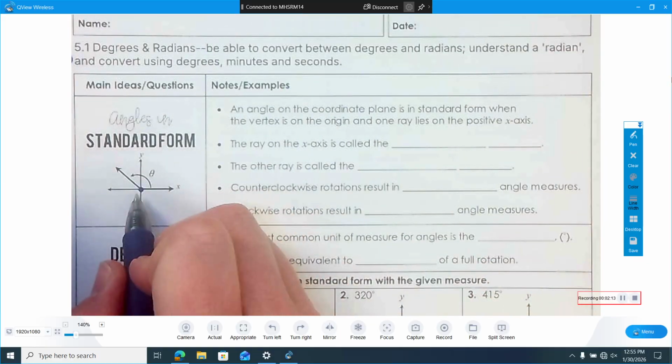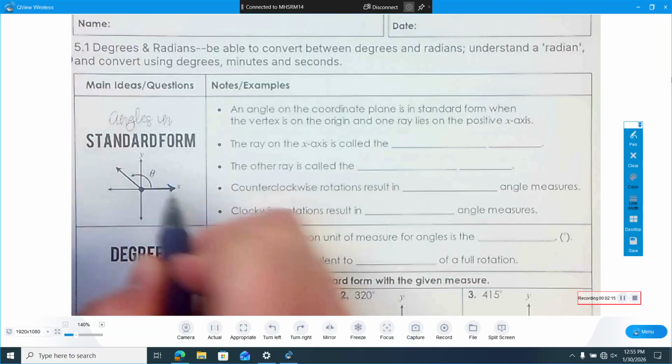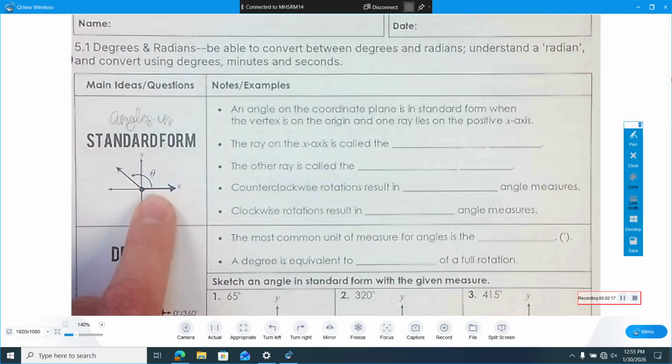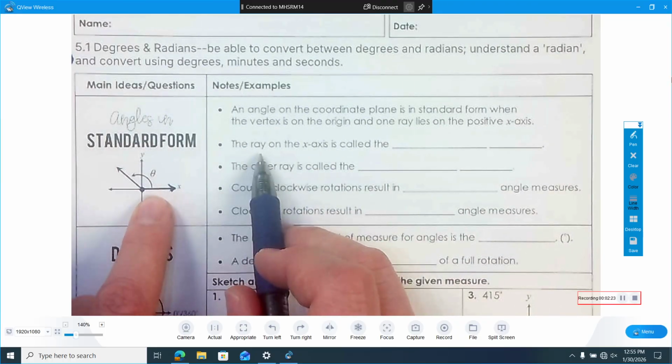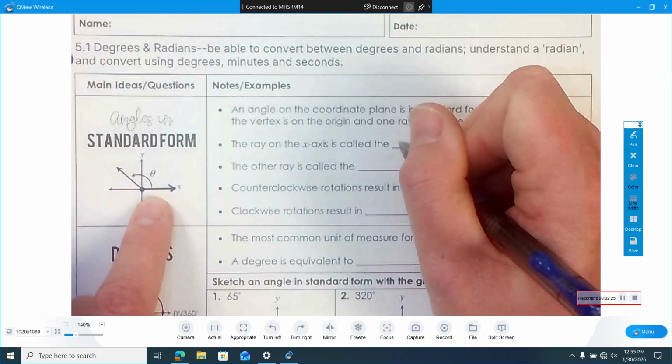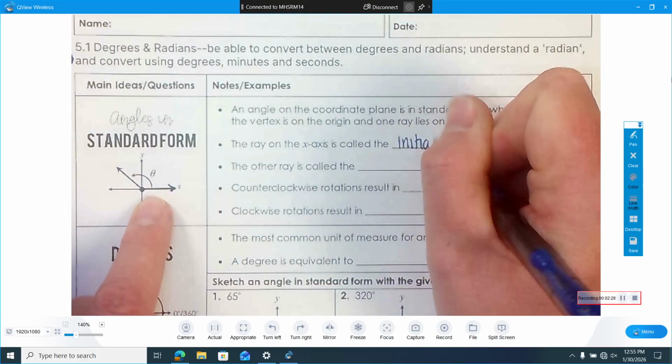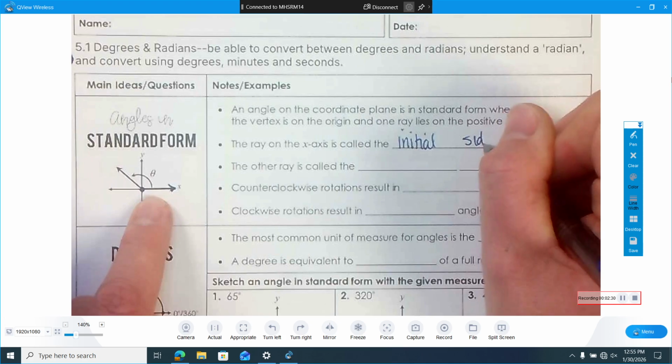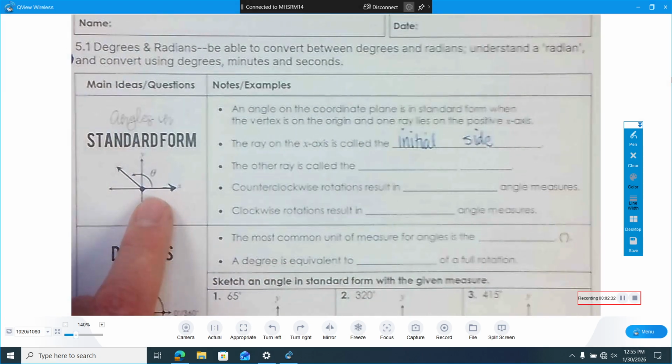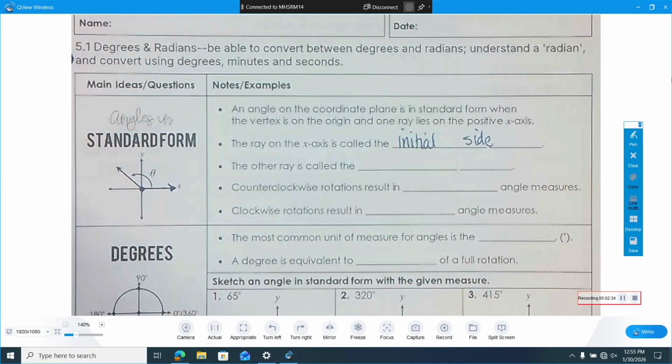And we have this initial side. It's placed on the positive x-axis. So the ray on the x-axis is called the initial side of the angle. And that initial side stays on the positive x-axis, and then the angle sweeps open.